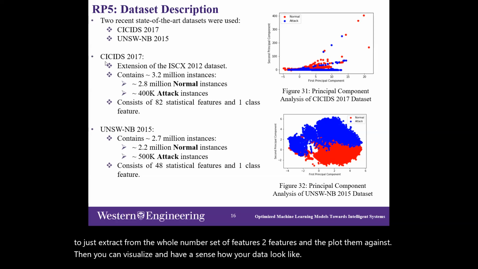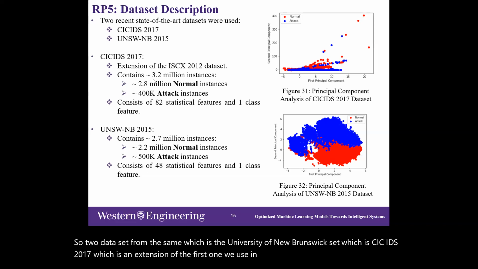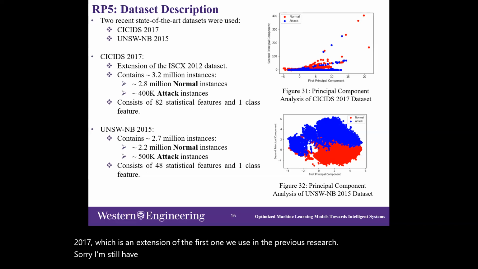So, two data sets from the University of New Brunswick, which is CICIDS 2017, an extension of the first one we used in the previous research. Sorry, I still have a little cough from the previous infection, but I'm okay. So we have 3.2 million instances: 2.8 million normal instances and 400K attacks.